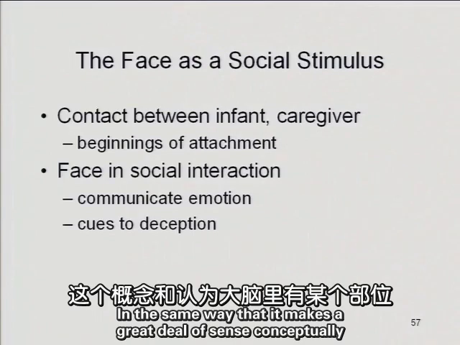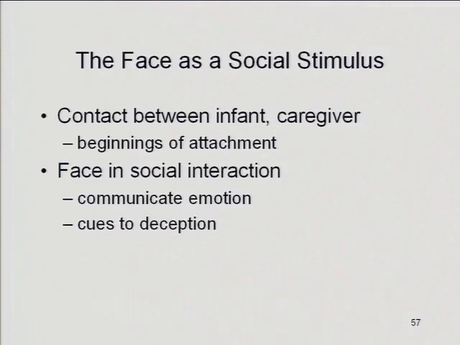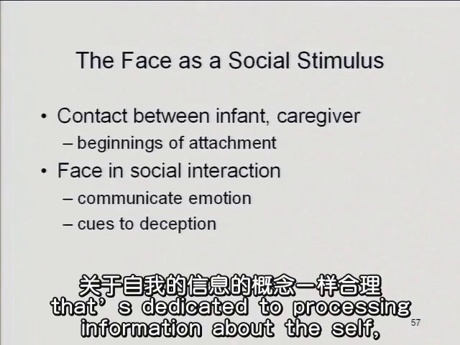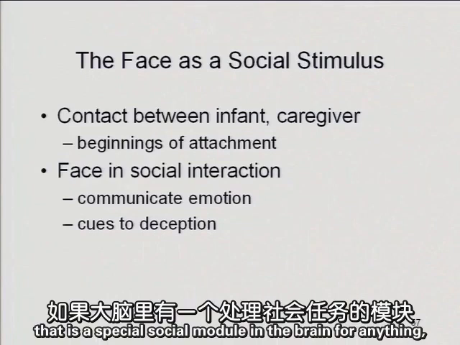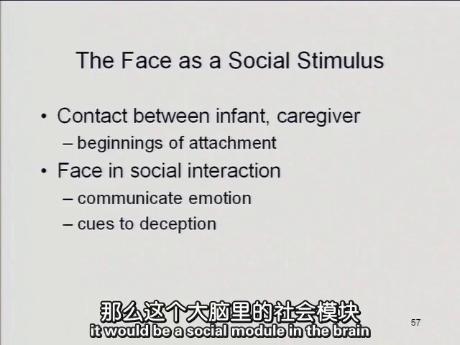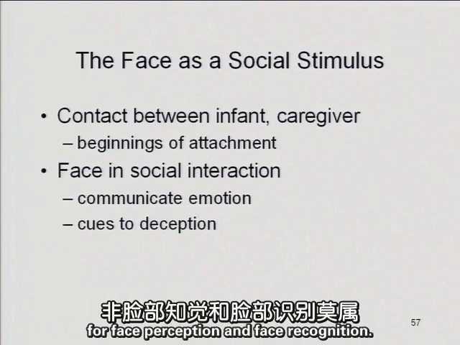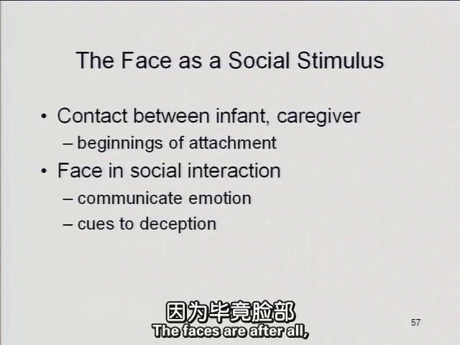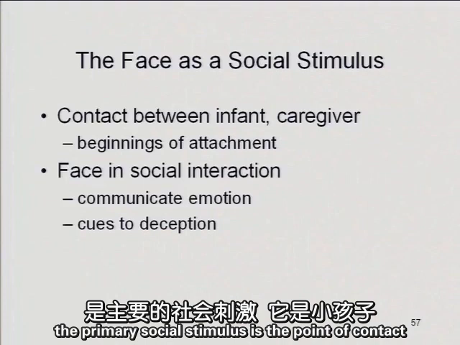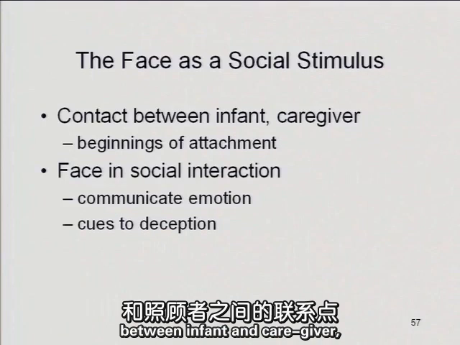In the same way that it makes a great deal of sense conceptually that there would be a part of the brain that's dedicated to processing information about the self, it also makes sense that if there's a special social module in the brain for anything, it would be a social module for face perception and face recognition. The face is, after all, the primary social stimulus. It's the point of contact between infant and caregiver.